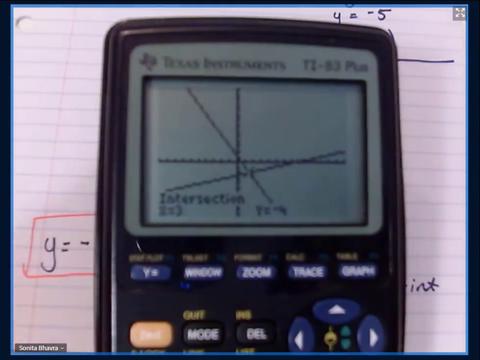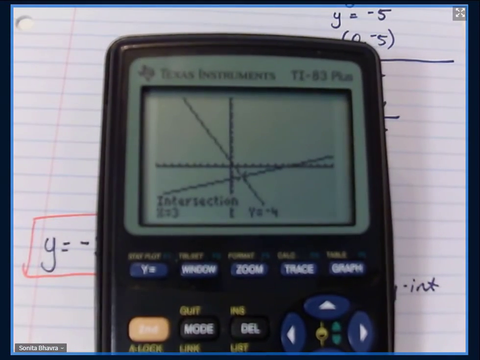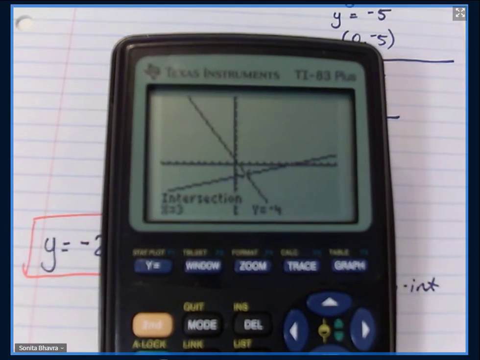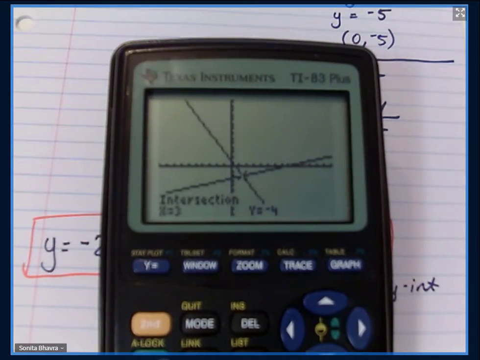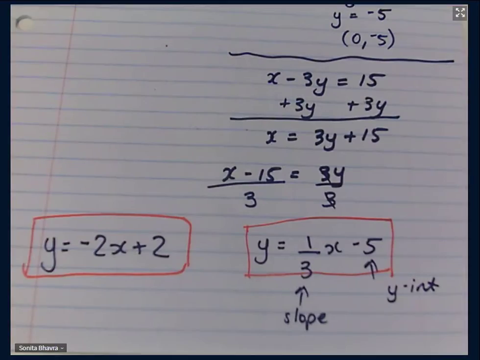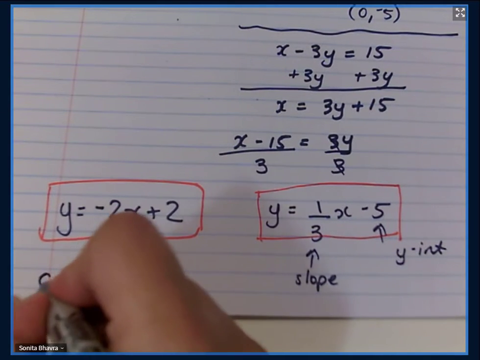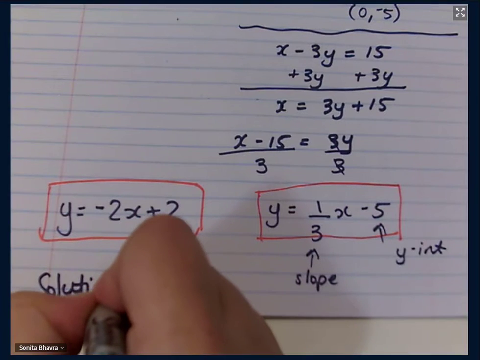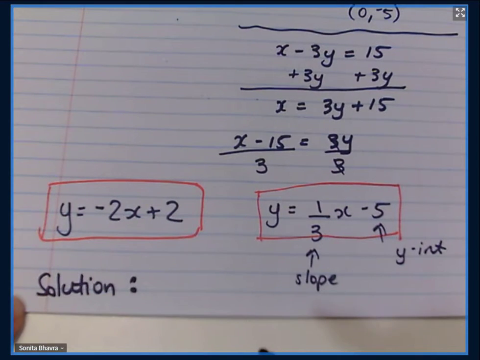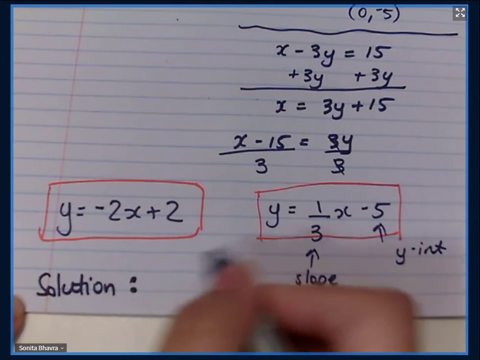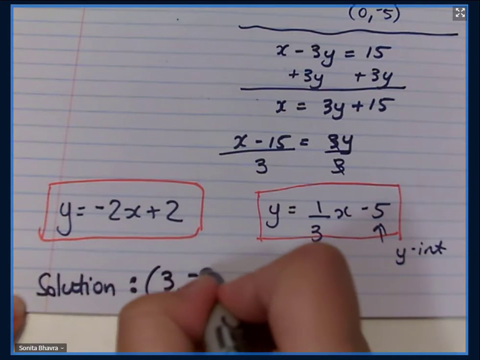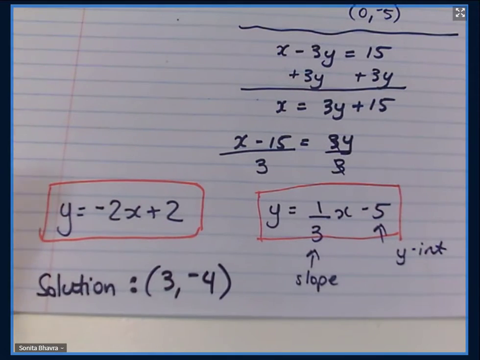So the exact same that we had found when we did our graph manually. So our intersection point is 3, -4. All right, so our solution to this system of two equations was 3, -4, and again, that is where the two graphs intersect.